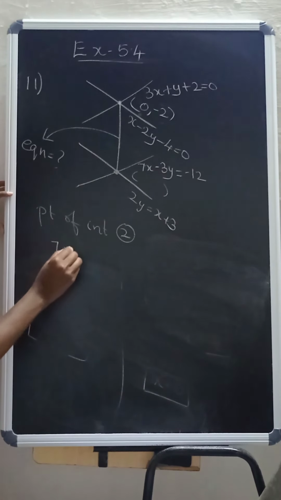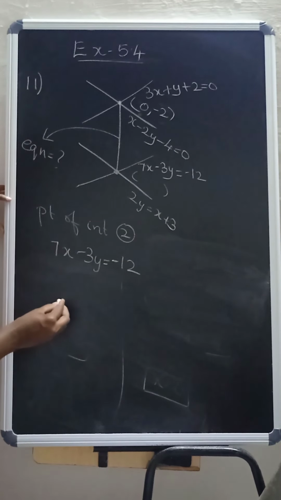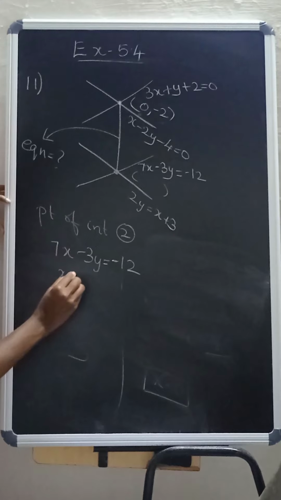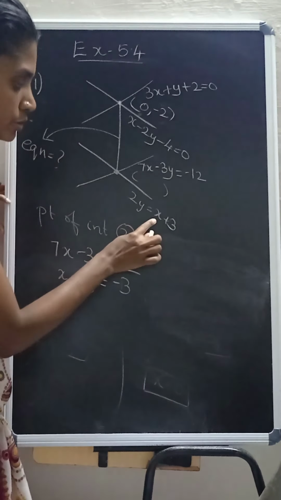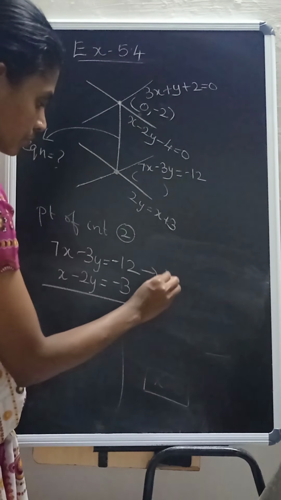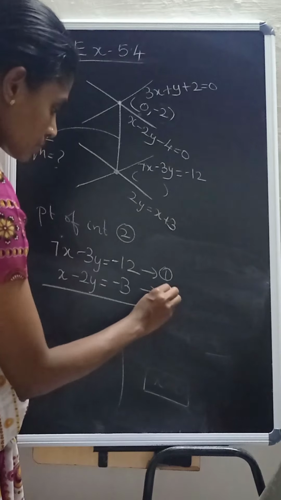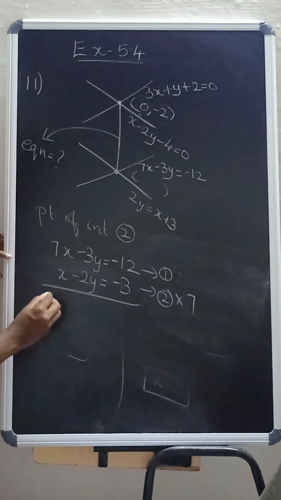We are going to solve these two equations. 7x minus 3y is equal to minus 12, x minus 2y is equal to minus 3. I am taking this 2y to this side and this 3 to this side. Multiplying second equation by 7.